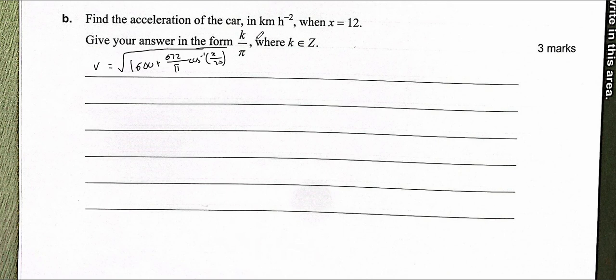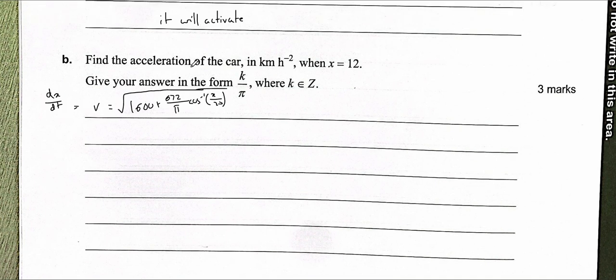So v is equal to dx dt. To find d squared x over dt squared, which is the acceleration, we just need to differentiate this one more time.